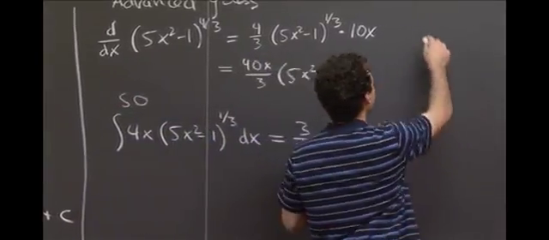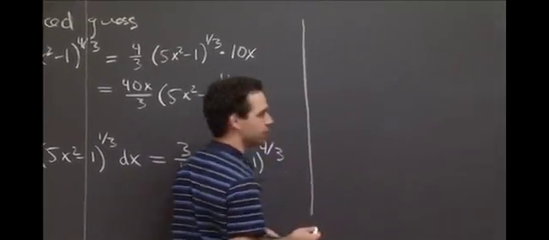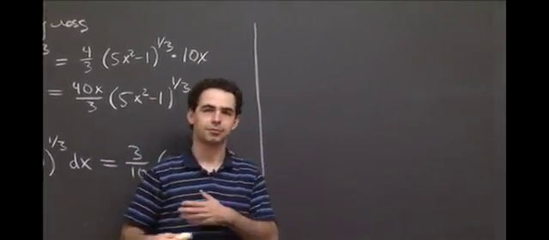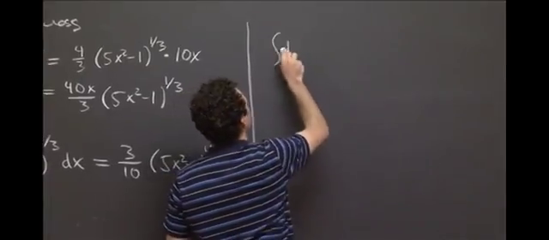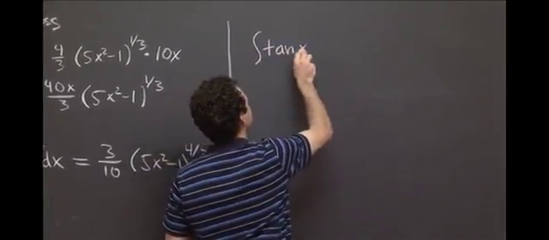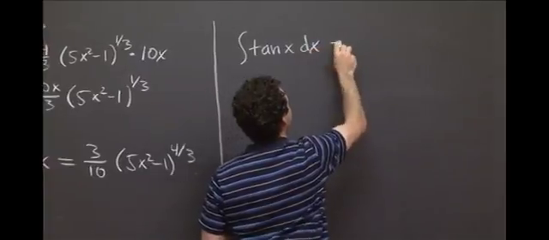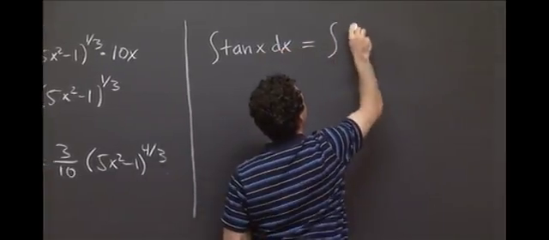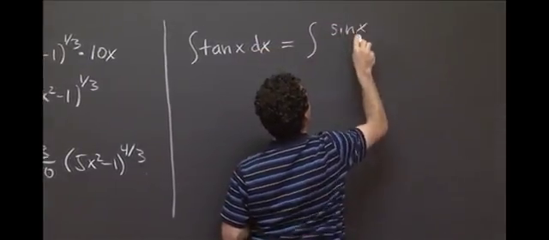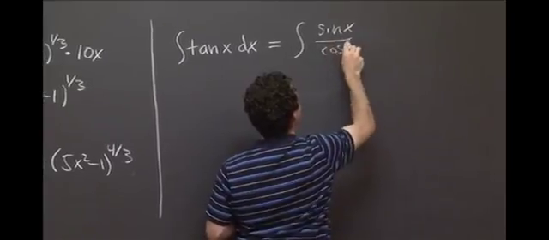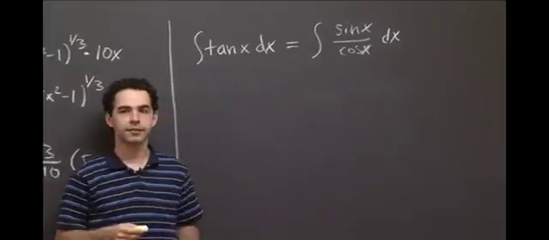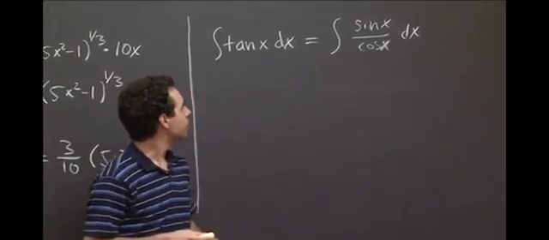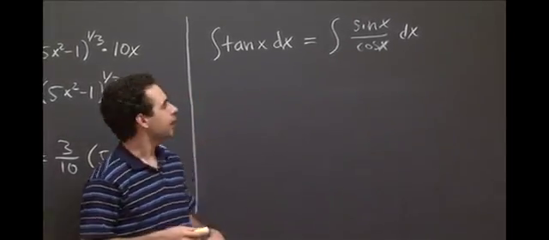In this case, there's a very simple rewriting that you can do, which is that tangent of x can be expressed in terms of sine and cosine of x. So we can rewrite the antiderivative of tan x dx as the integral of sine x over cosine x dx. Okay, so now what do we see?